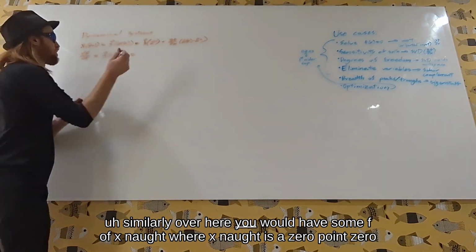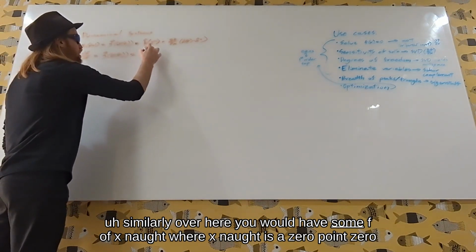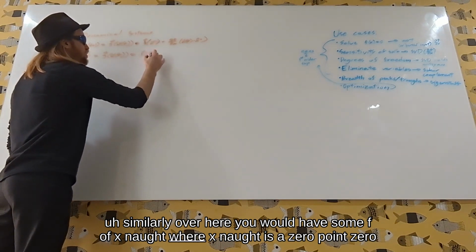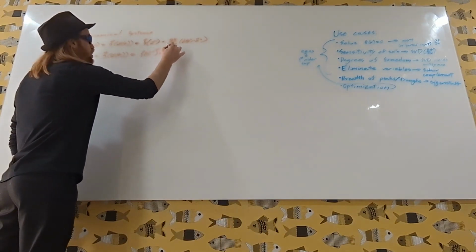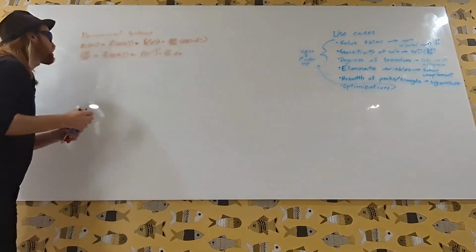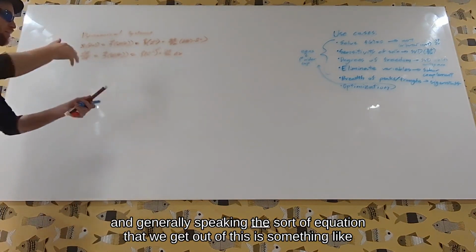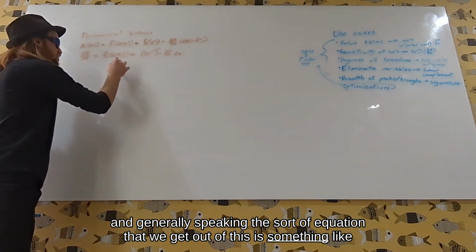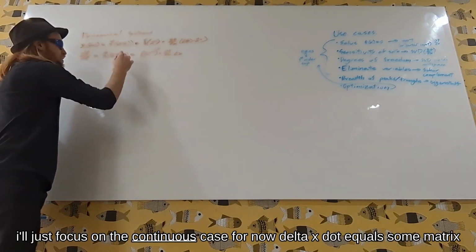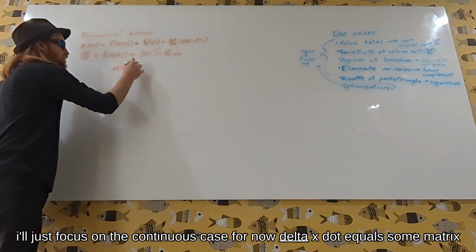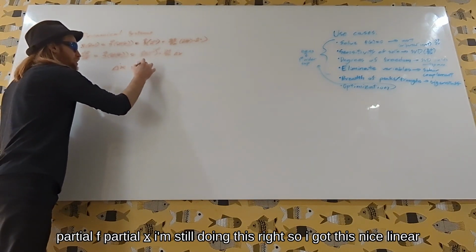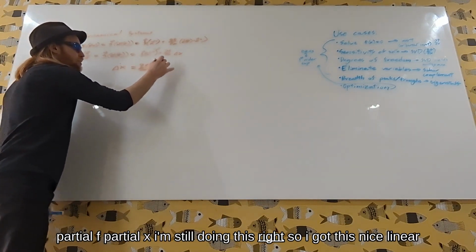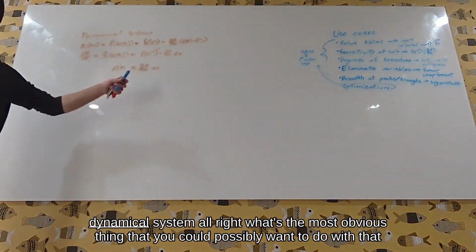Similarly, over here, you would have some f of x naught, where x naught is a zero point. Generally speaking, the equation that we get out of this, I'll focus on the continuous case for now, is delta x dot equals some matrix, partial f partial x, times delta x, right? So I get this nice linear dynamical system.